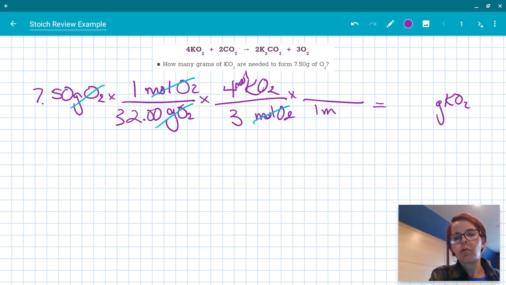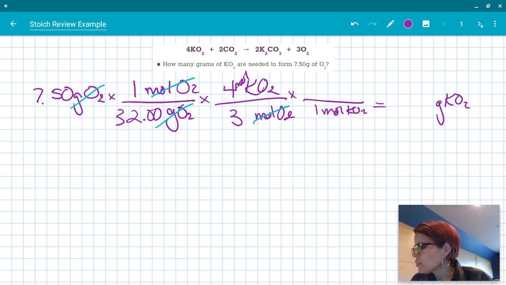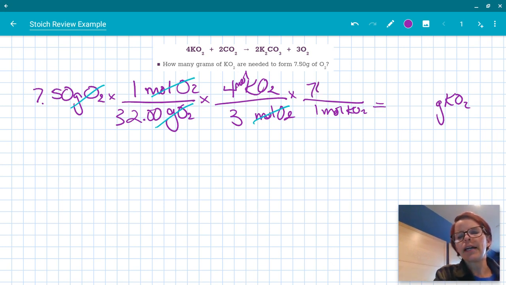So we know in 1 mole of KO2, we have how many grams? And I better look that up. So let's see. Potassium is 39.102 plus, and then in parentheses, 15.999 times 2, close parentheses, is 71.1, my mass of 1 mole of KO2.